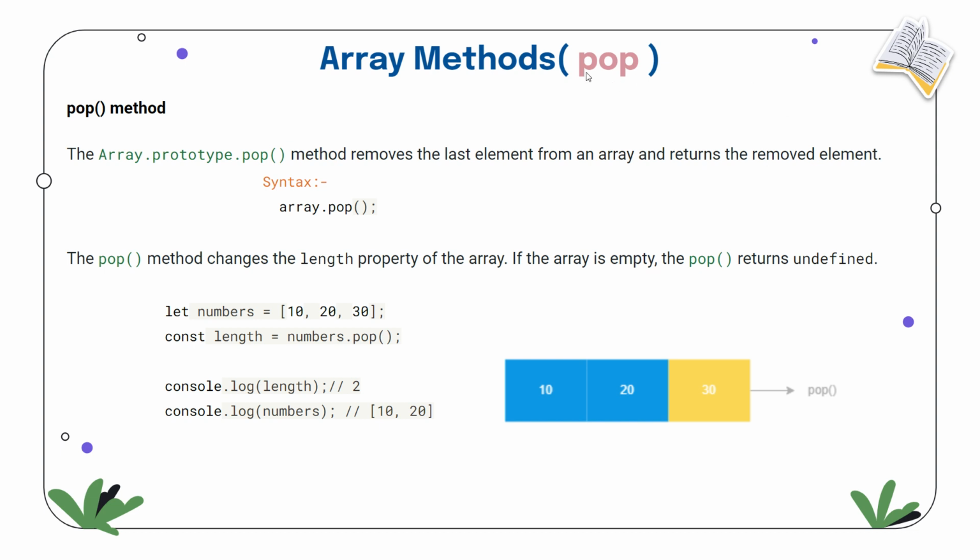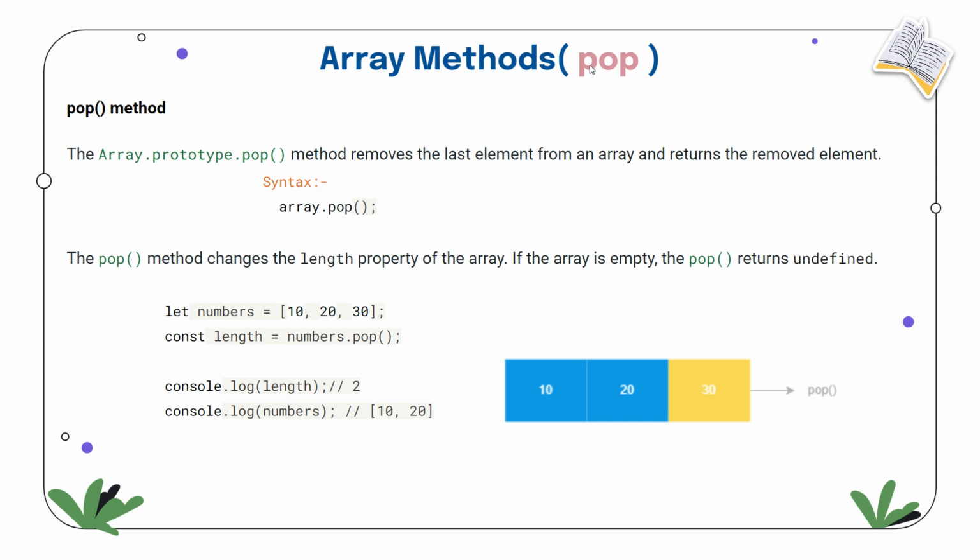Using the pop method, we can remove an element from the array from the last. Push's opposite is pop. Push means adding an element to the last. Pop means removing an element from the last.